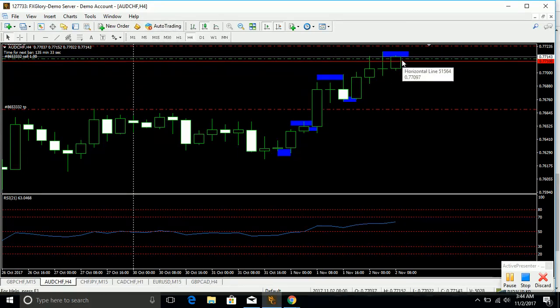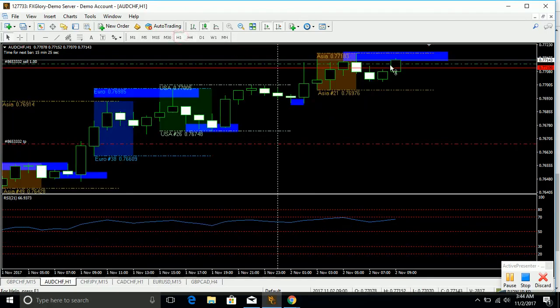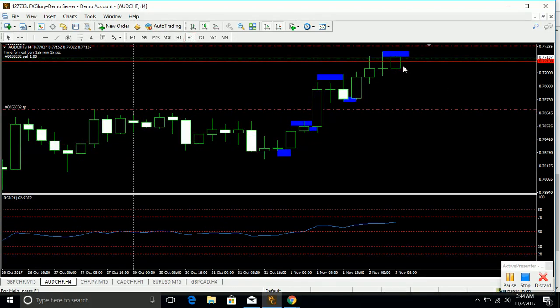If we're expecting this 4-hour candle to be bearish, that means the next 2 hours of candles must be bearish as well, the remaining 15 minutes of this candle and the next 2, for this candle to be as bearish as I would like.